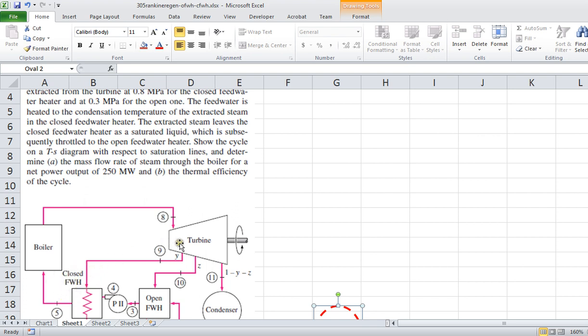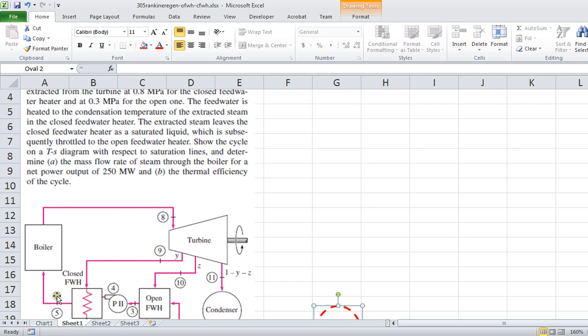So what it means is the extracted steam is going to condense, and that condensation temperature is the temperature that 5 reaches. And I mentioned this the other day as we discussed closed feedwater heaters, that would ideally be the maximum possible condition that we could reach. In other words, that this temperature 5 could attain the same temperature as the condensation temperature.